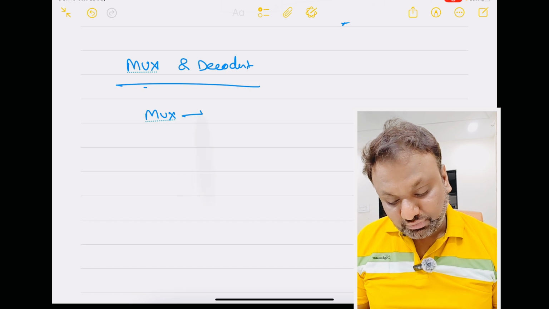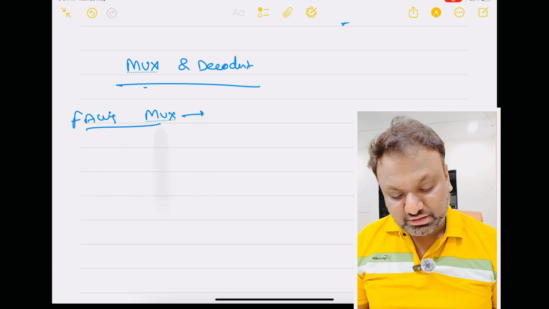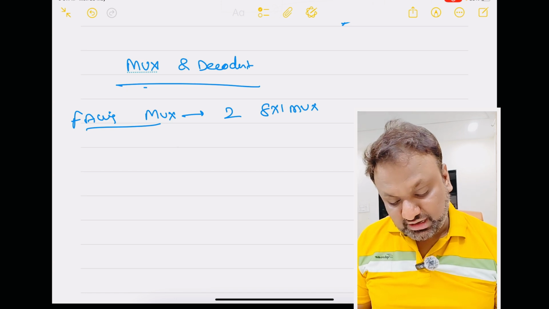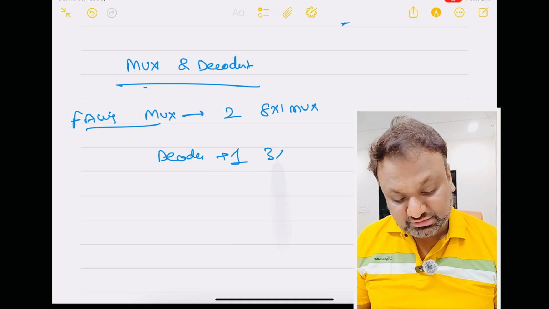Full adder using mux, 2 8x1 multiplexers are needed, and with decoders, 1 3 to 8 decoder is used.